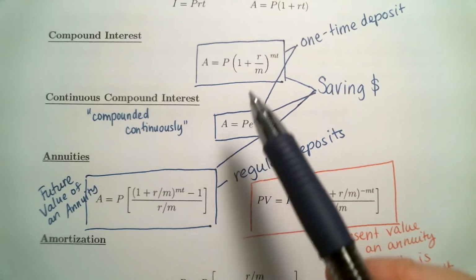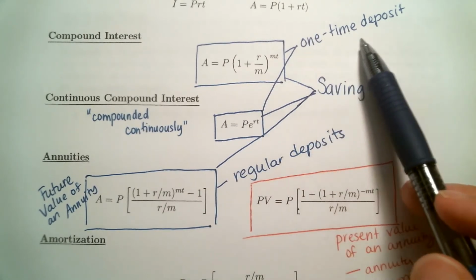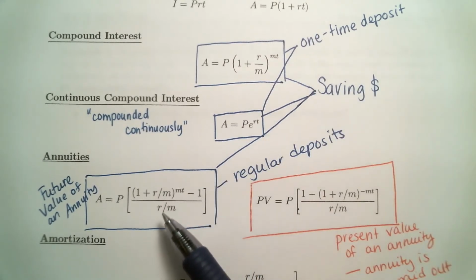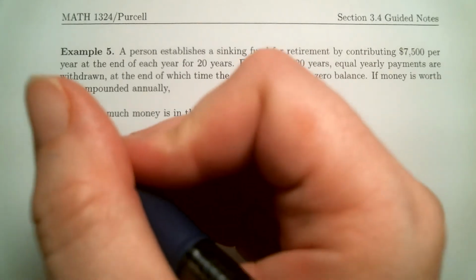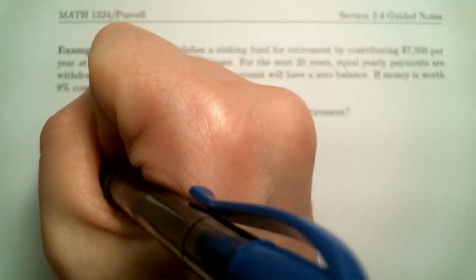How is the person saving? Is it a one-time deposit? Is it regular deposits? Remember, the person is contributing $7,500 every year. It's regular deposits, and so you need to use the future value of an annuity formula here.